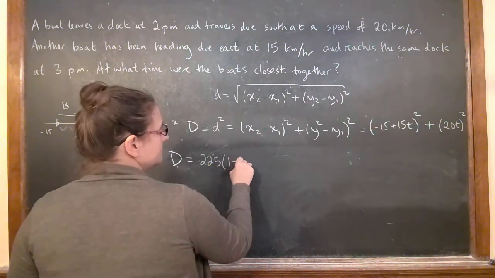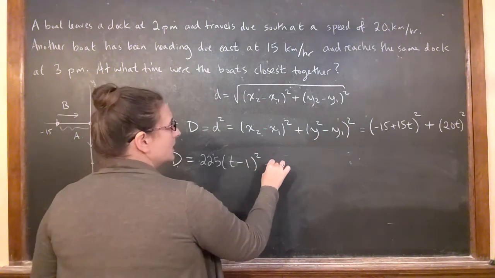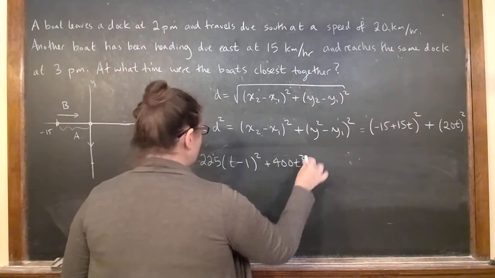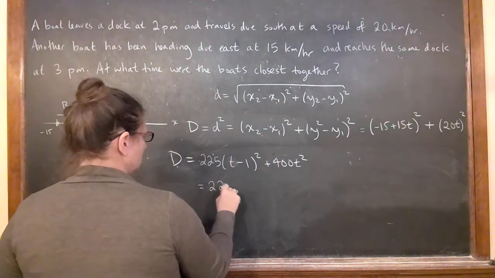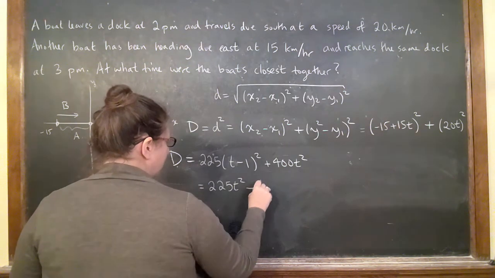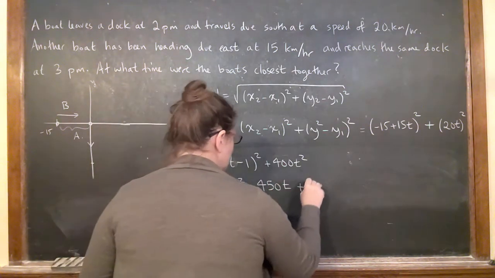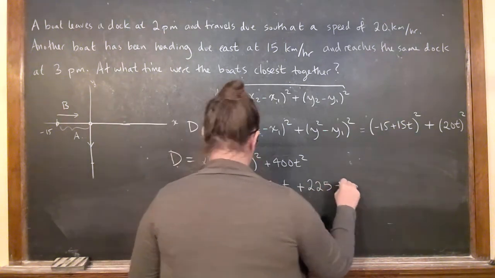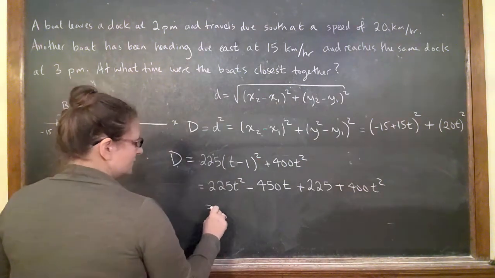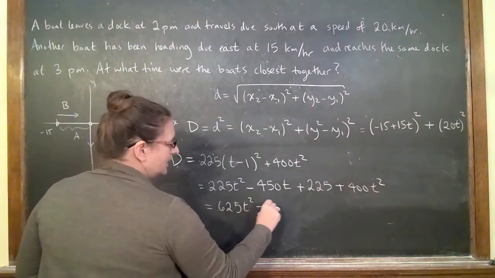This is going to be 225 times t minus 1 squared plus 400t squared. So this is 225t squared minus 450t plus 225 plus 400t squared. So this is just simple arithmetic at this point, thank goodness.